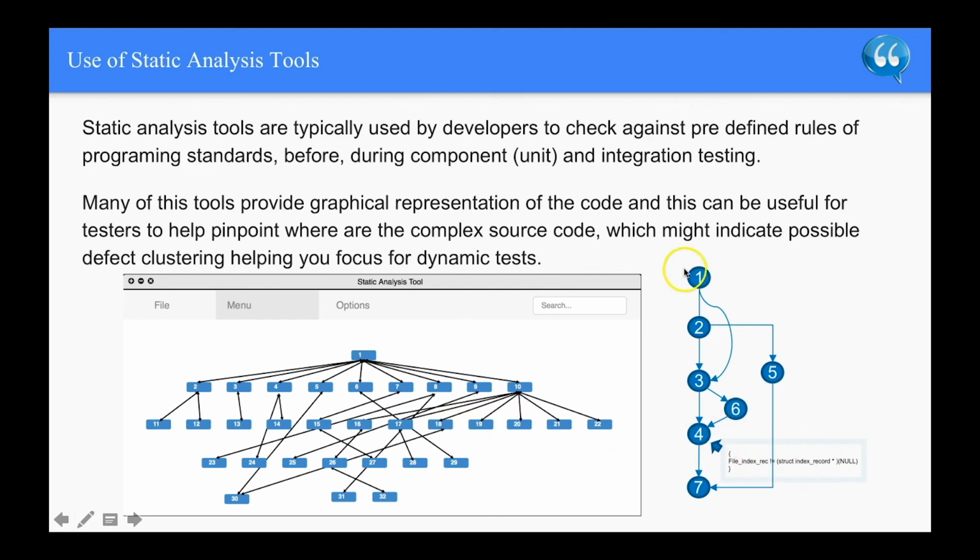For example, you could highlight this number 4 and then see the code behind it, and some of the tools can indicate if something is critical in this code, helping you focus on that specific area and specific feature.